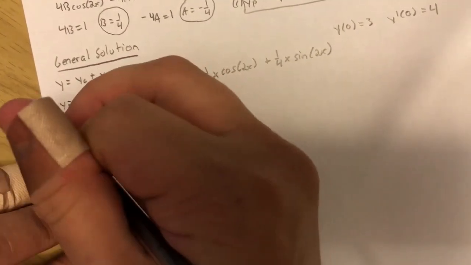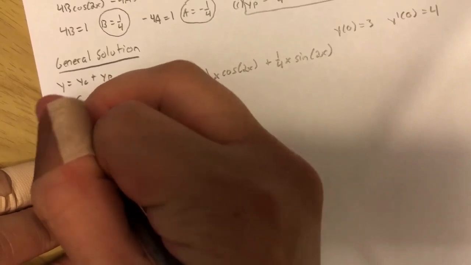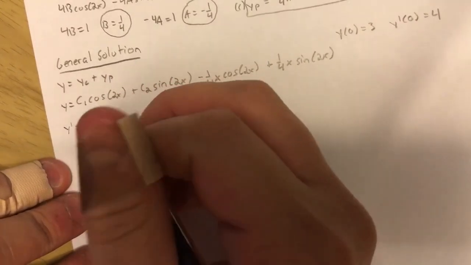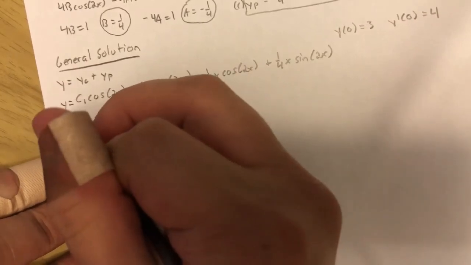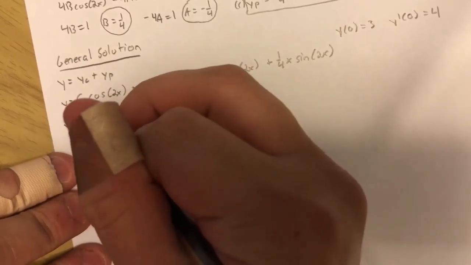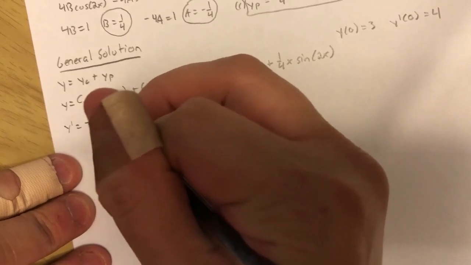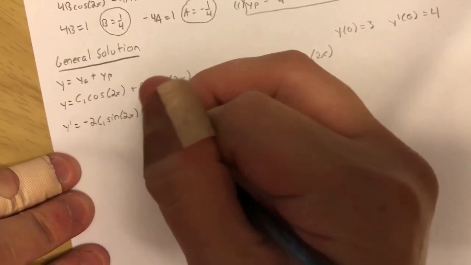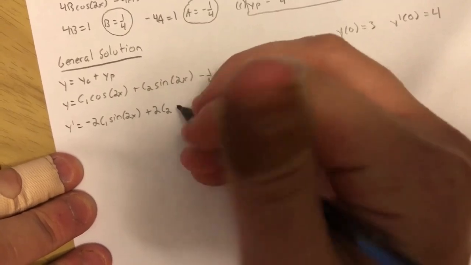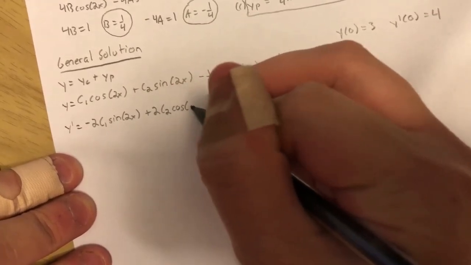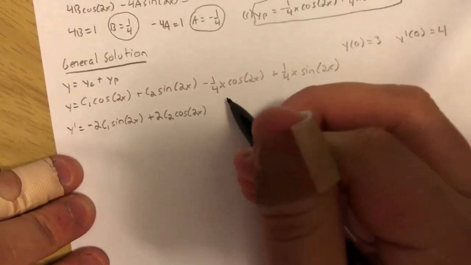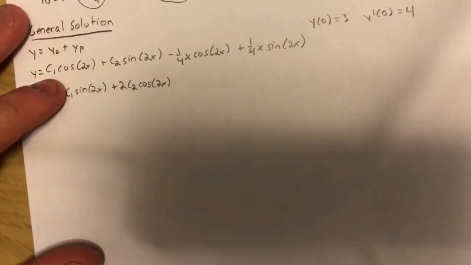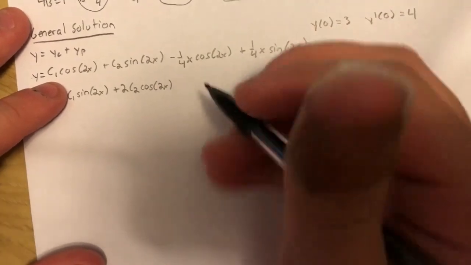So let's take the derivative. So the derivative of c1 cos of 2x is going to be negative 2 c1 sine of 2x plus 2 c2 cos of 2x. And then look at that, another product rule for both of those. So now we have to do a product rule again.